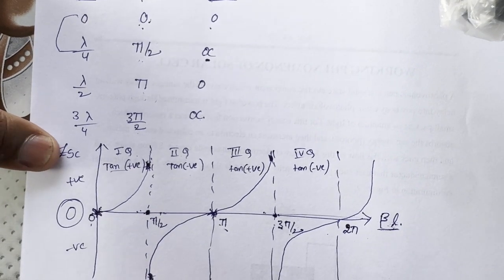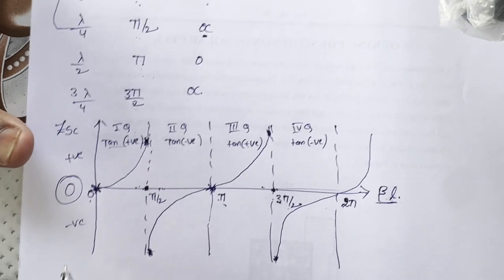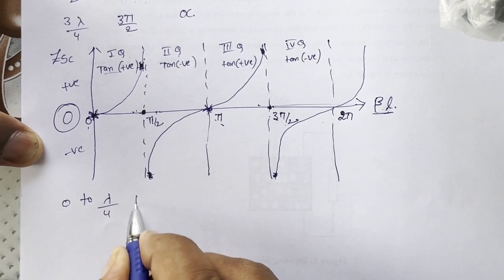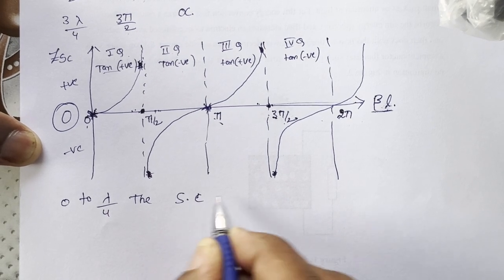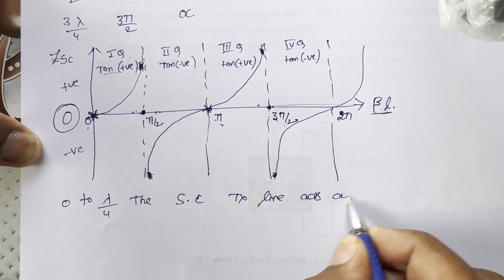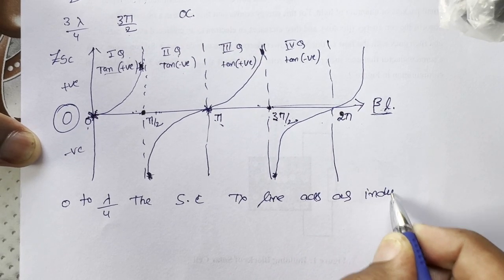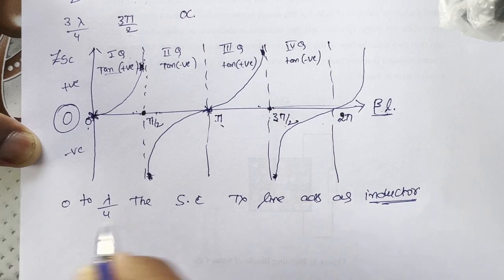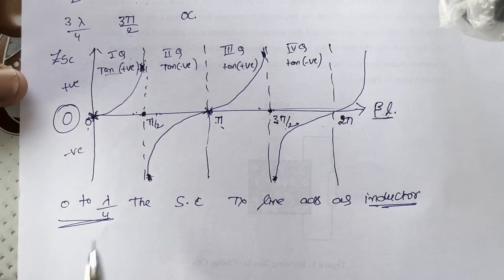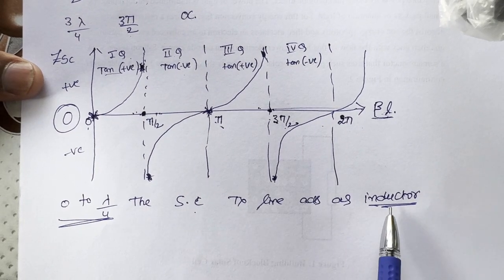That is, we can say that from 0 to lambda by 4, the short-circuited transmission line acts as an inductor. Important point: 0 to lambda by 4, the short-circuited transmission line acts as the inductor.